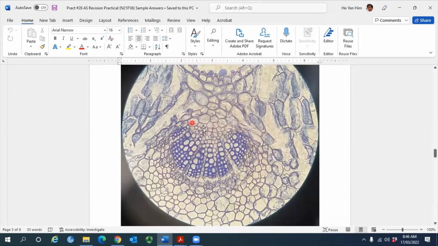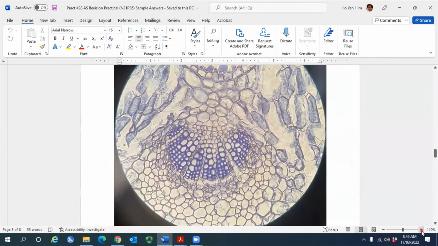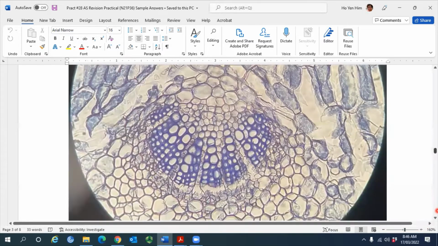Then from here to here is the xylem. This is cambium. Cambium, some of you don't know how to see cambium. You zoom in and see the cambium is actually a group of very flat cells like this one here. You see this tiny rectangular shaped cell, when the wall is not thickened.